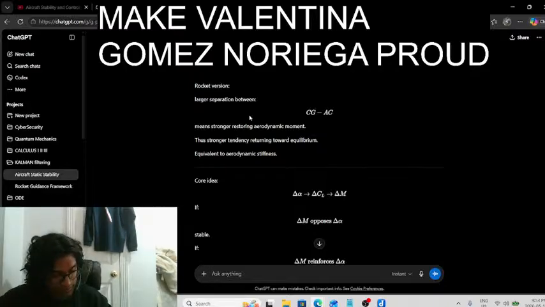And if CG minus AC is less than 0, weaker aerodynamic moment.